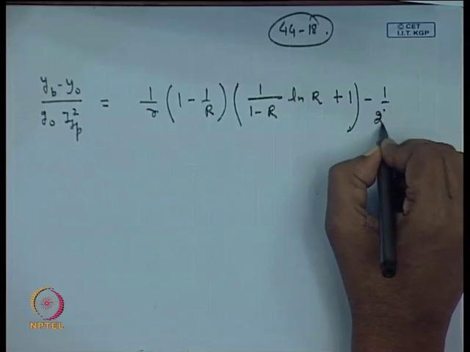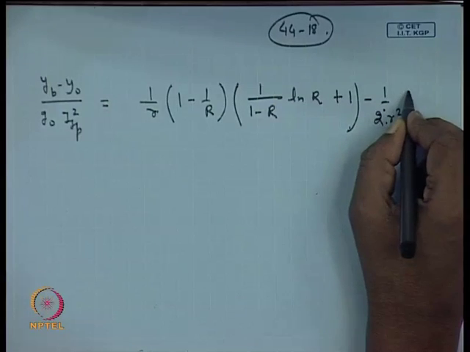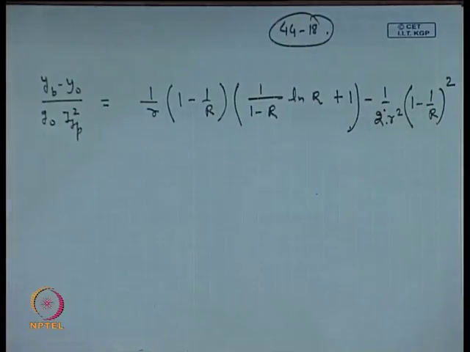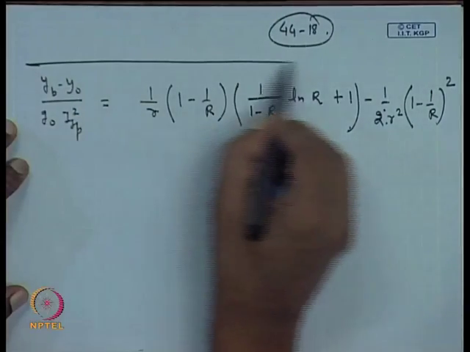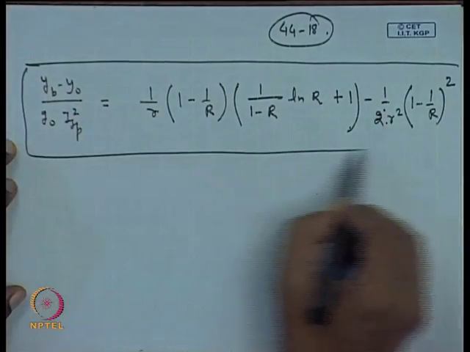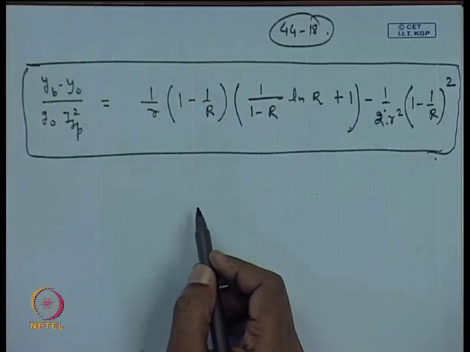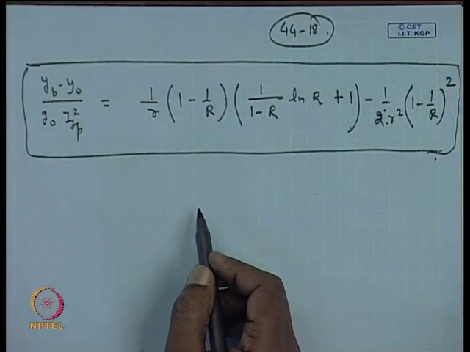So, this is 1 by 2 times r square times 1 minus 1 by r whole square. And for this also we can do a parametric representation in the same way as we have done earlier.